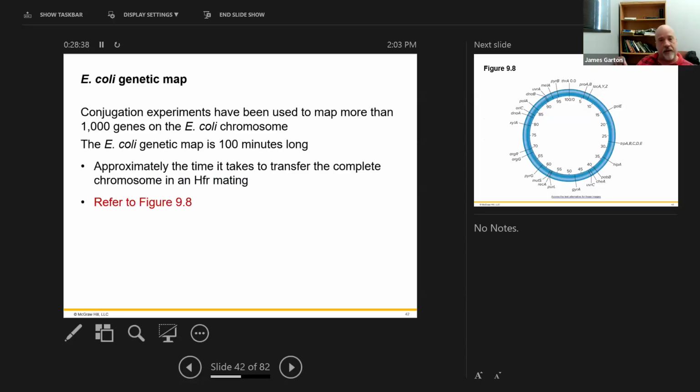And experiments like these have been used to map 1,000 or so genes on the E. coli chromosome. And we say that the E. coli map is 100 minutes long. It takes about 100 minutes to transfer the complete chromosome in an HFR mating experiment.